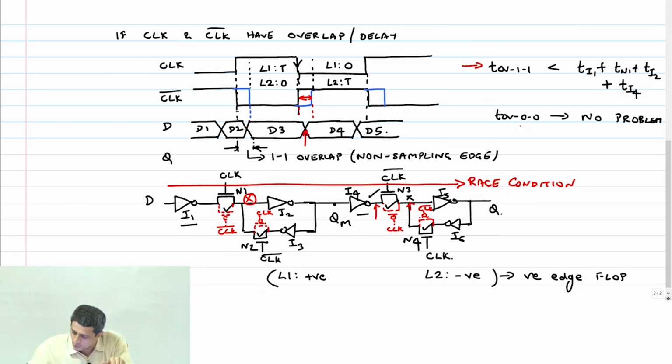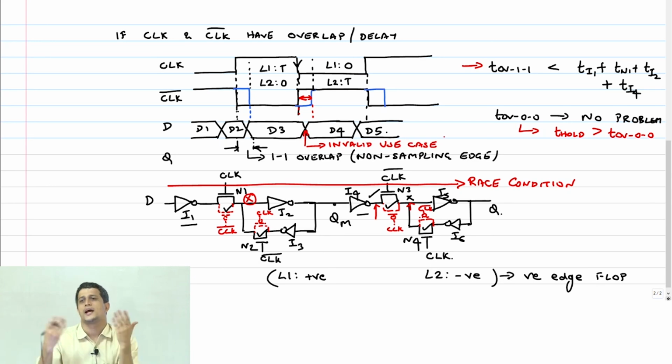So you basically impose it through the hold time, and the hold time should be greater than T overlap of 0-0. So if you impose a condition which is larger than the worst case overlap of 0-0, then for the consumer of this flop, this becomes an invalid use case. Hence, I don't have to worry. That's the consumer's problem.